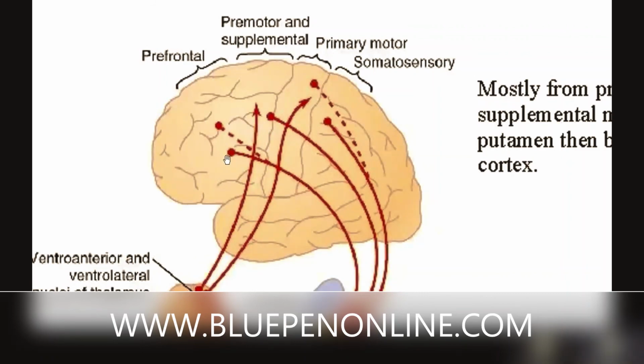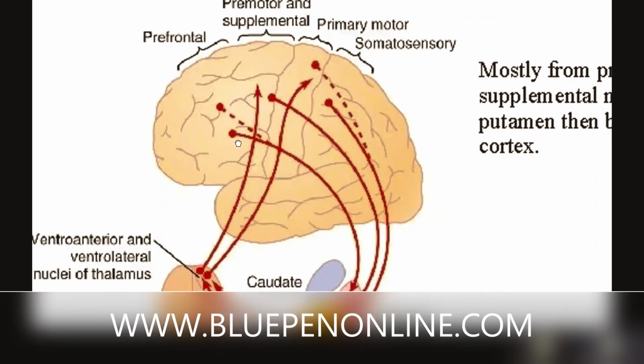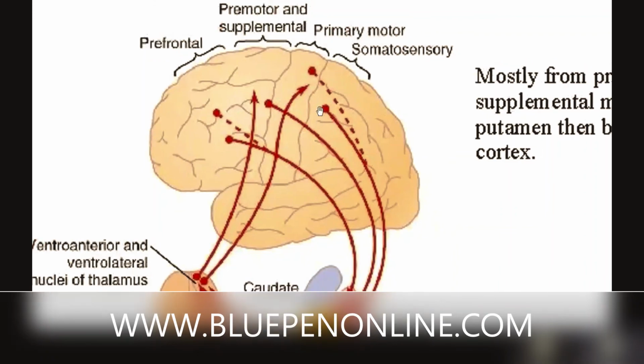So the input arises from these three areas. Please note that the information doesn't come from the primary motor area. Instead, the information comes either from the premotor area, the supplementary motor area, or the somatosensory area.